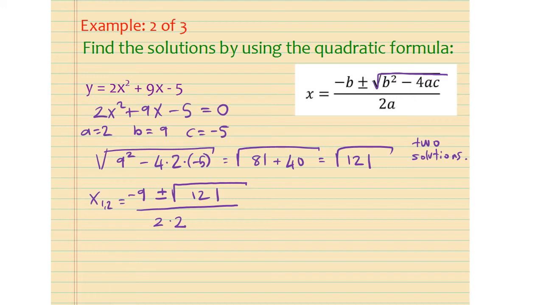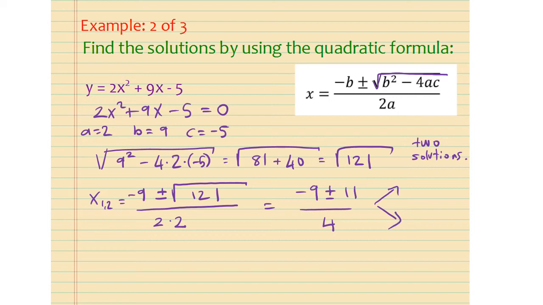Now from this, we're going to have two different values, which will be our solutions. Let's evaluate this one more step. Negative 9 plus or minus 11 over 4. So we are going to have a solution where we use the plus. We are going to have a solution where we use the minus.